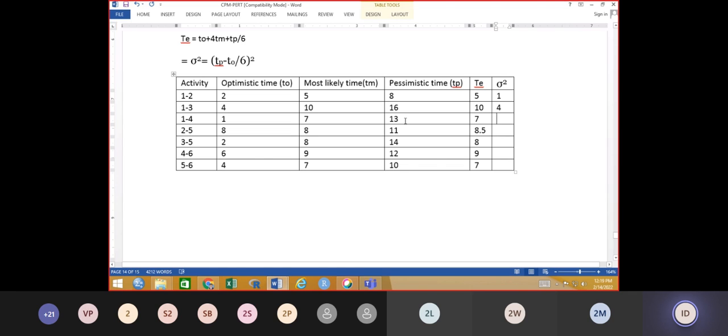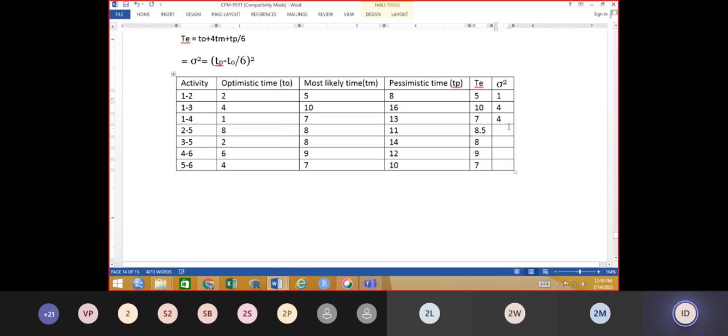For 1 to 4 activity, how much? 4, sir. 13 minus 1 is 12, divided by 6 is 2, squared is 4. Next, 11 minus 8 is 3, 3 divided by 6 is 0.5, squared is 0.25.